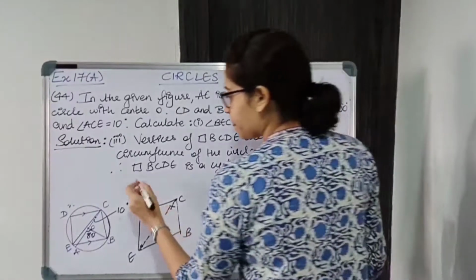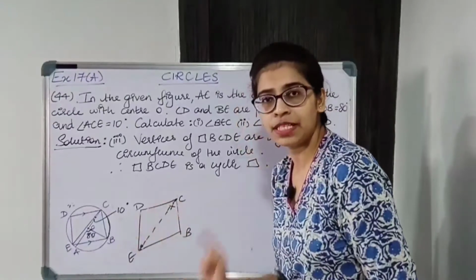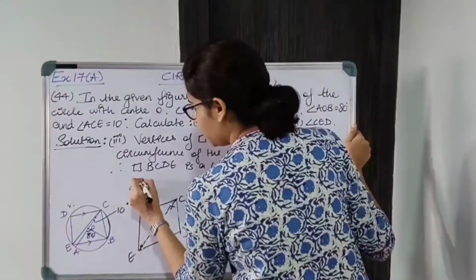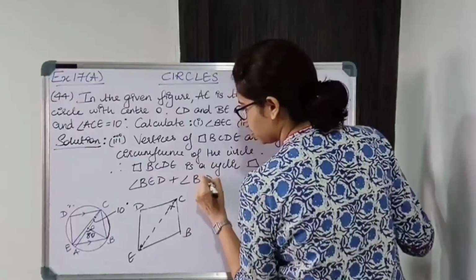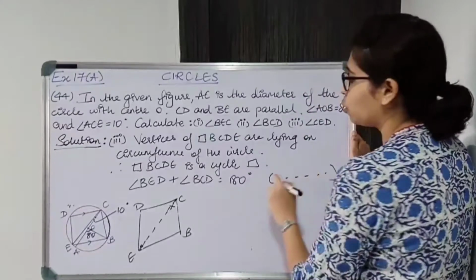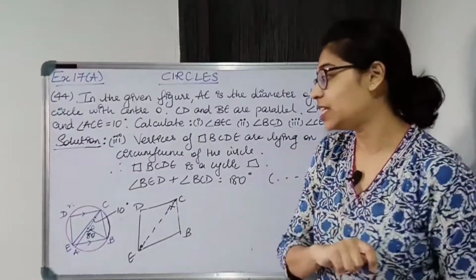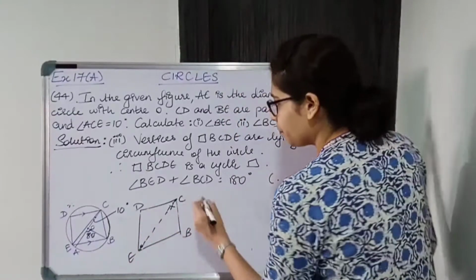Okay, now since this is a cyclic quadrilateral, angle BED plus angle BCD is equal to 180 degrees. Opposite angles of cyclic quadrilateral are supplementary. You have to give reason. Now BED is nothing but CED plus BEC.